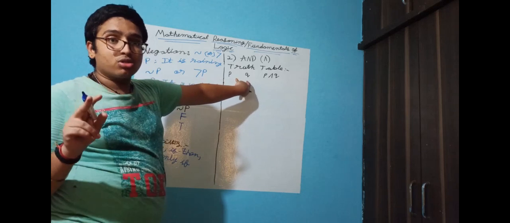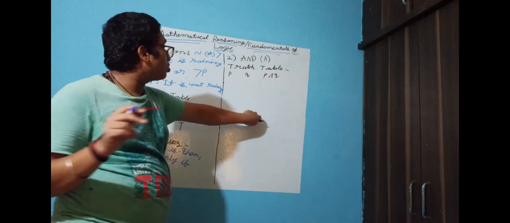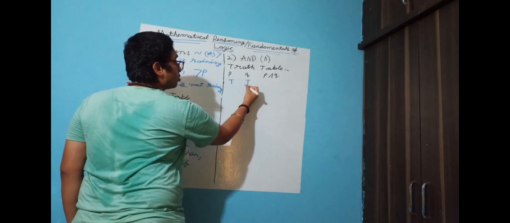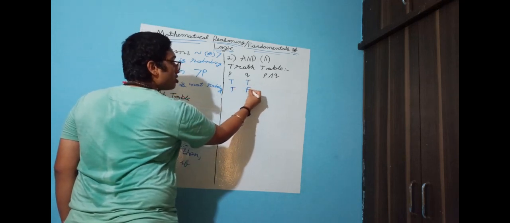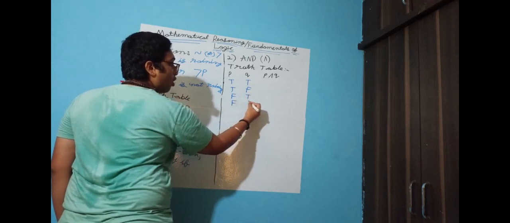Since we have used 2, we will get 4 rows in this truth table. P is true, Q is true. P true, Q false, P false, Q true, both are false.